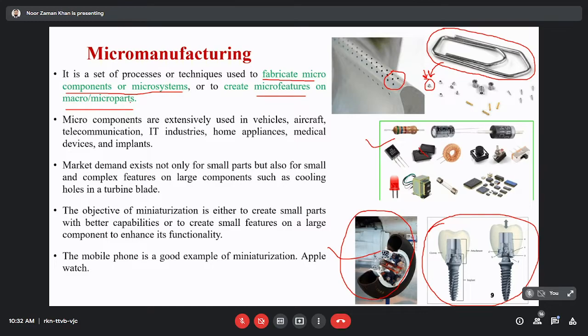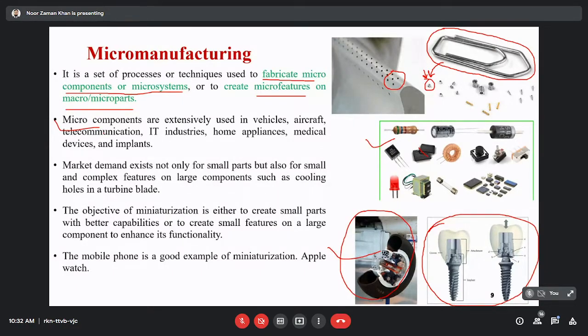And micro components are extensively used in vehicles, aircrafts, telecommunication, IT industries, home appliances, medical devices, and implants, etc. So currently, the field of miniature technologies is a fast growing market in a broad spectrum of applications.